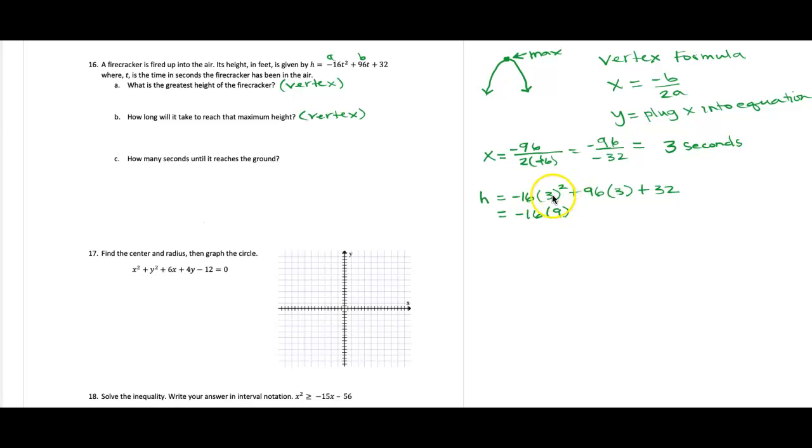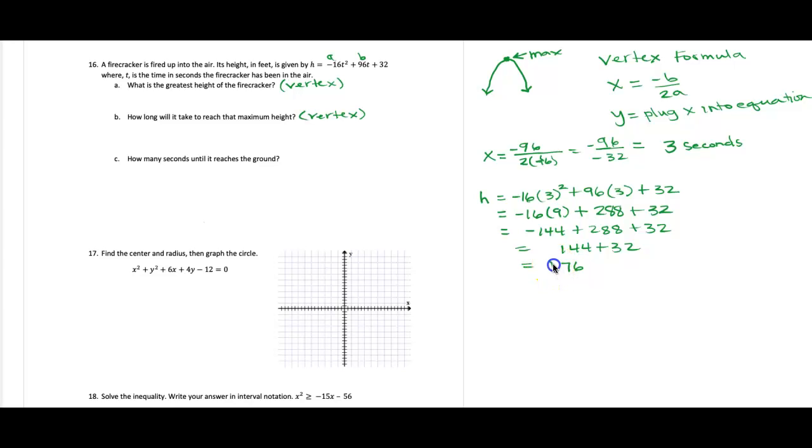Make sure that you do the exponents first on that. 96 times 3, plus 32. And then negative 16 times 9 is negative 144 plus 288 plus 32. So that's just going to be 144 plus 32, so it's going to give us 176.